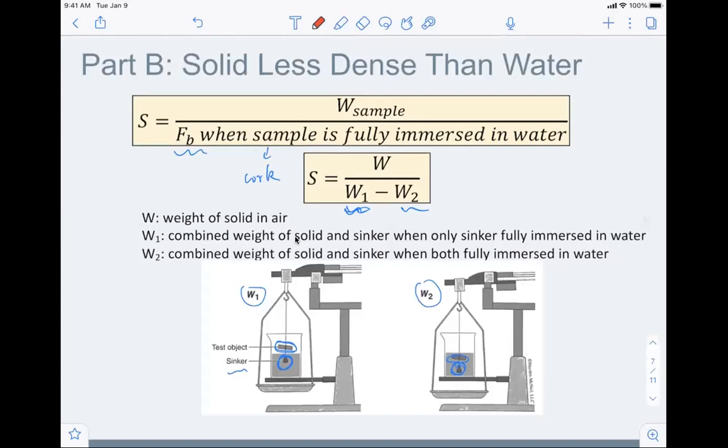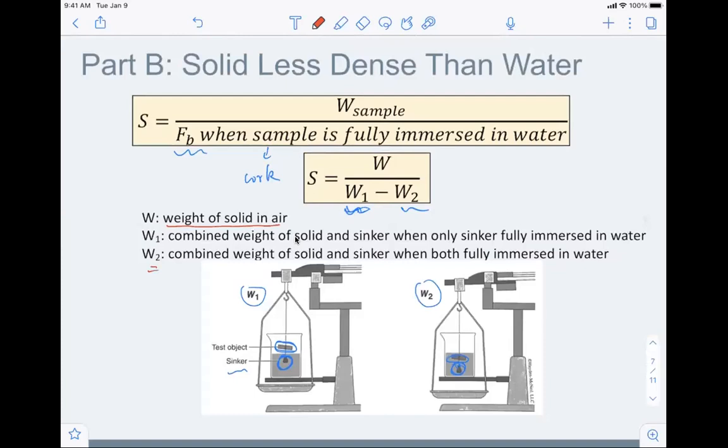So for part B, in order to measure an object that's less dense than water, you're going to do the reading 3 times. One is the weight of the cork in the air, and you look at the reading to get the mass of the cork in the air, where the sinker is in water. And then weight 2 is where both the solid and the sinker are fully immersed in water.